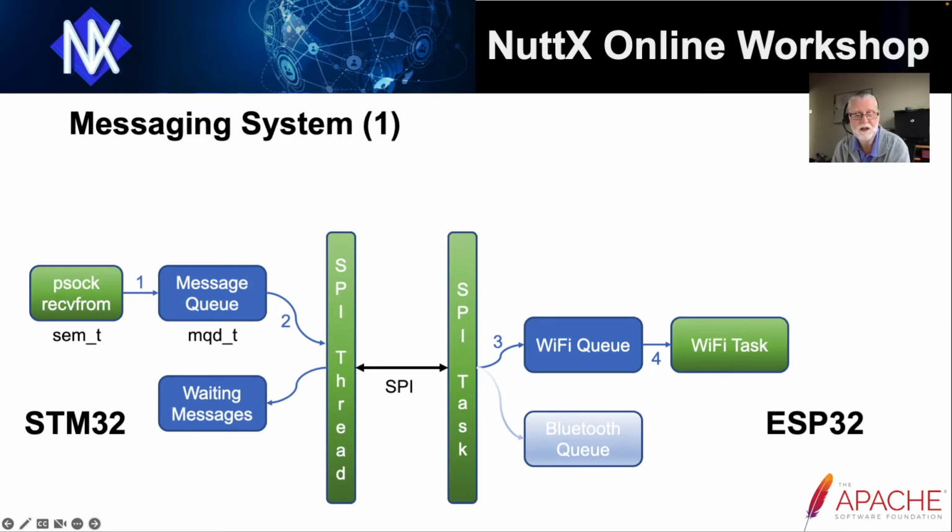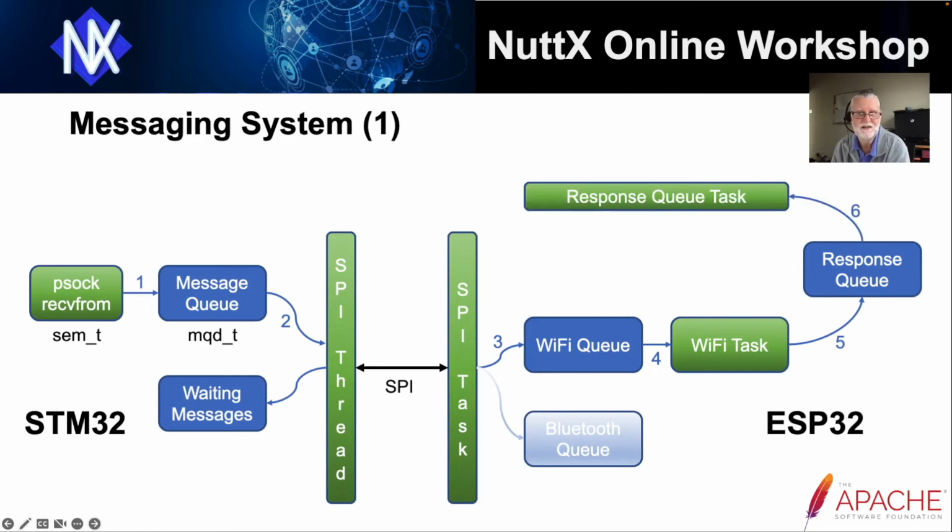So we take all of the response, and then we package this back up as another message. And the Wi-Fi task then puts this response message into the response queue. And just as you would expect, there's a task whose responsibility is to monitor the response queue.